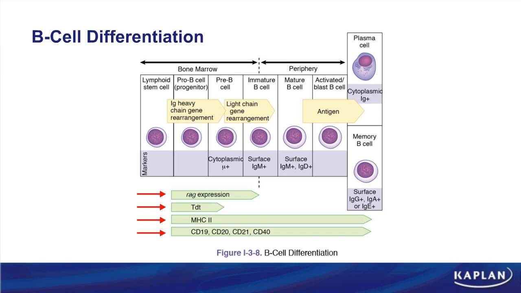So when anybody ever asks you, what are B cell markers? It's easy, CD19, 20, 21, you just have to count. There's also going to be on the surface a marker called CD40. I do want to express to you that CD40 is not unique to B cells, but it's going to be extremely important when we have T cell activation.